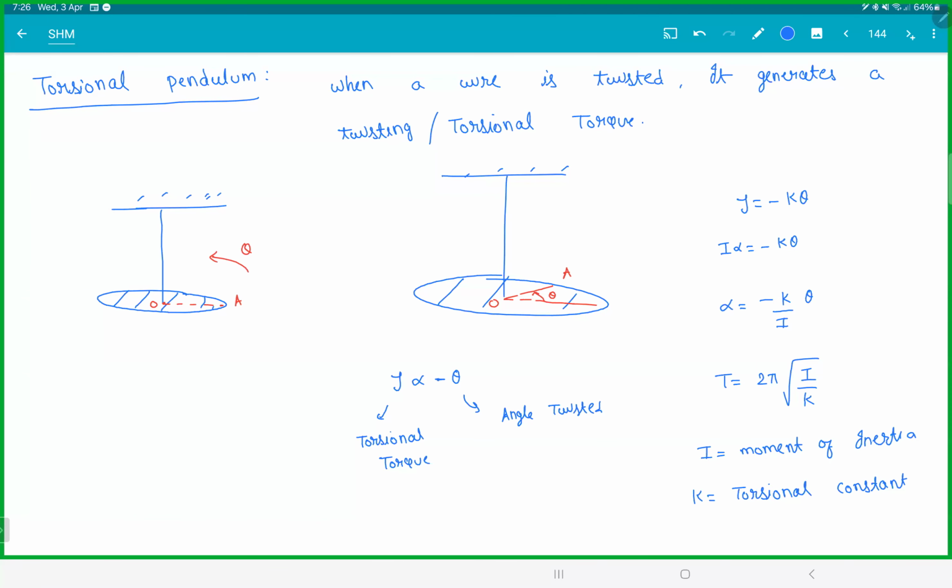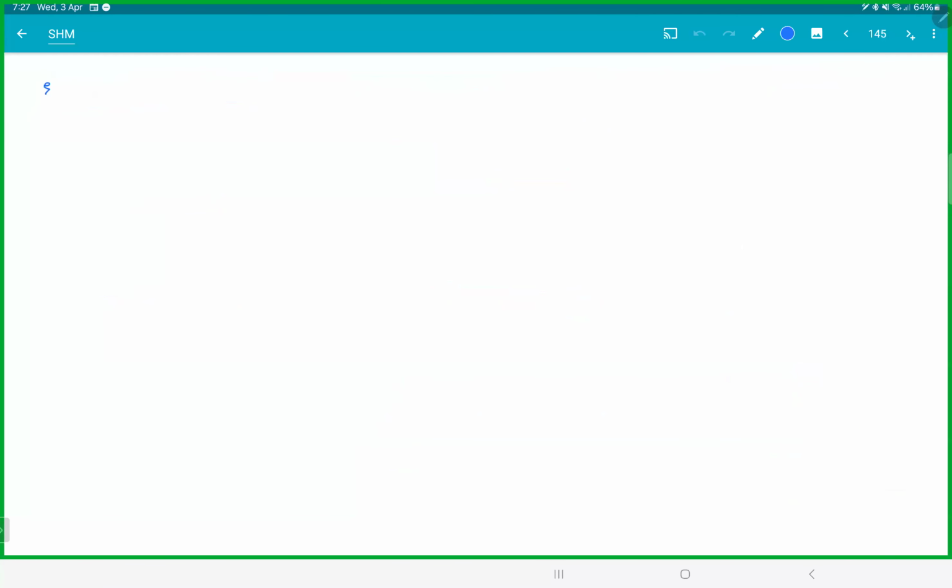So let me show an example. Questions are straightforward on this. For example, if you take a disk, they'll give you the k value.